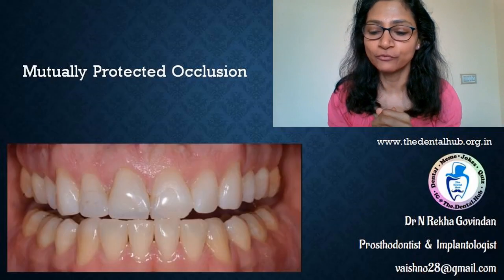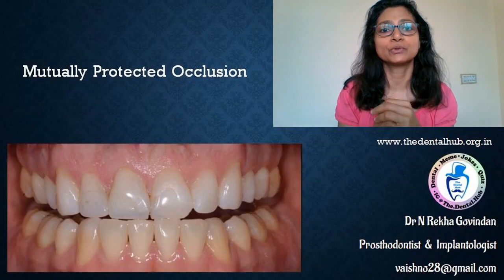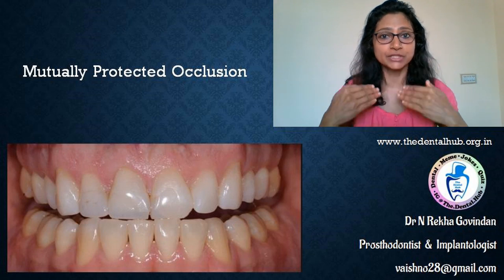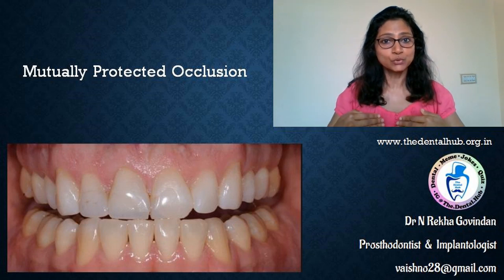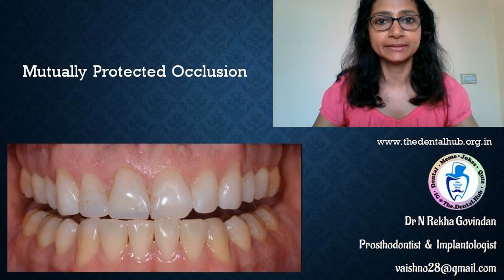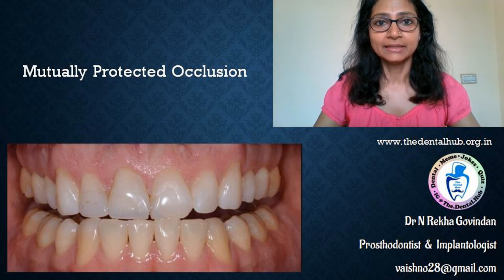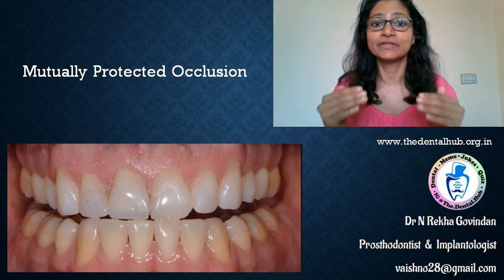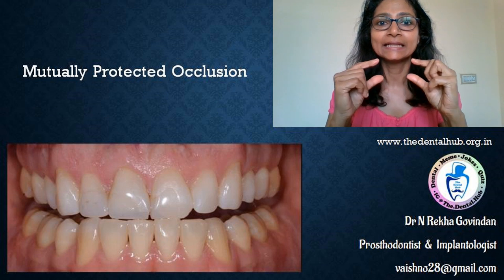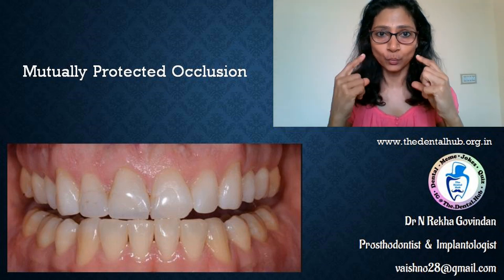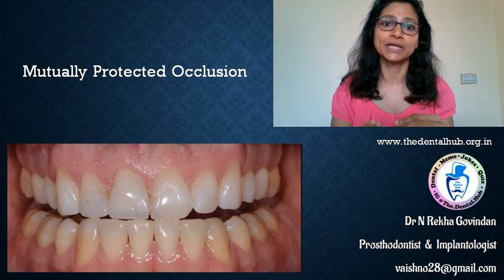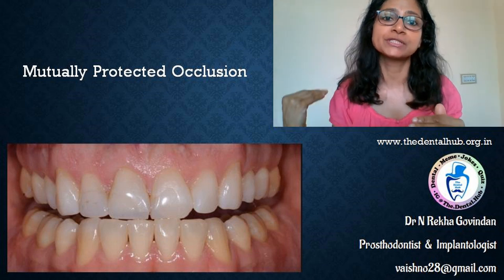Next principle to be followed is mutually protected occlusion. That is, the anterior teeth are protecting the posterior teeth while in occlusion, and the posterior teeth in return are protecting the anterior teeth. The length and position of the anterior teeth is such that when they are in edge-to-edge relation or when they are in contact, as the mandible moves from CR to edge position, there is posterior disocclusion.